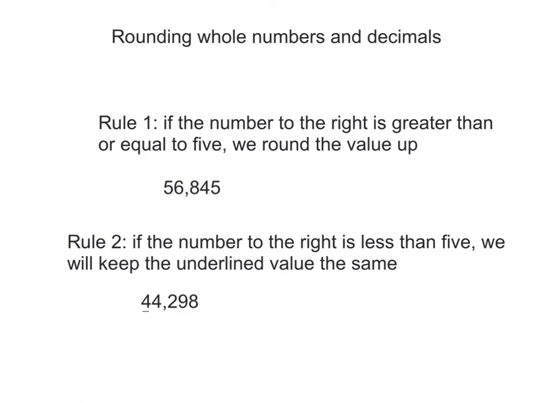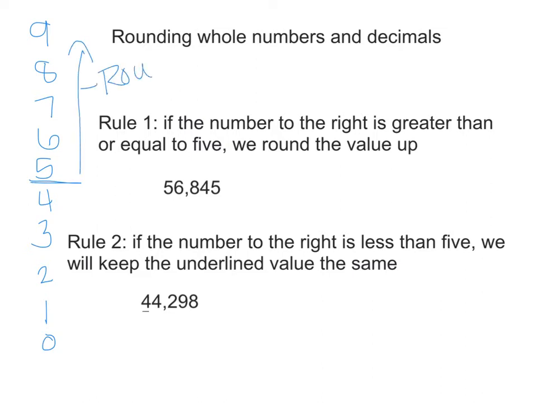Okay, so if I list my numbers 0 to 9, rule 1 says if the number to the right is greater than or equal to 5, we round that value up. So if my numbers are 5 or bigger, that's going to cause the number to round up.